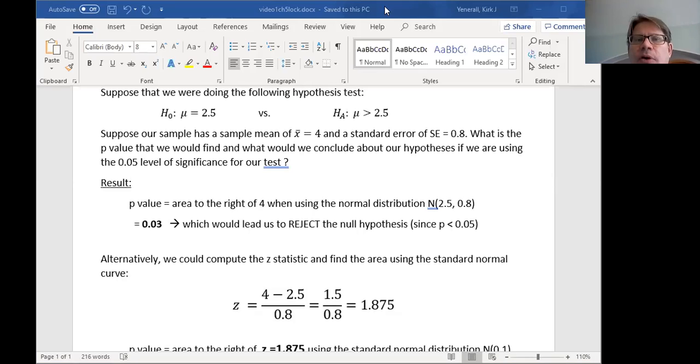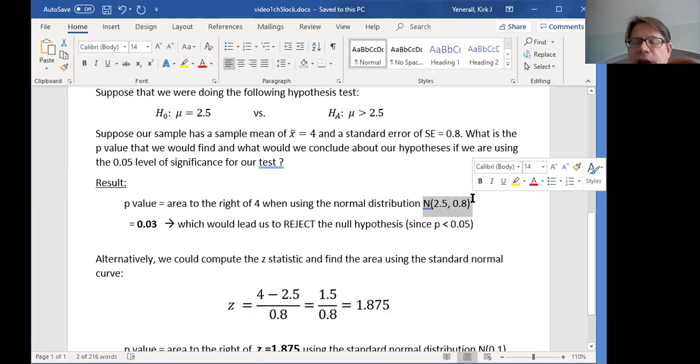One of the approaches for finding the p-value is to use a normal curve whose mean is based off of the null parameter and that uses the given standard error. That's one way to do it. Another way to find the p-value is, instead of using that normal curve, we can just use the standard normal curve.